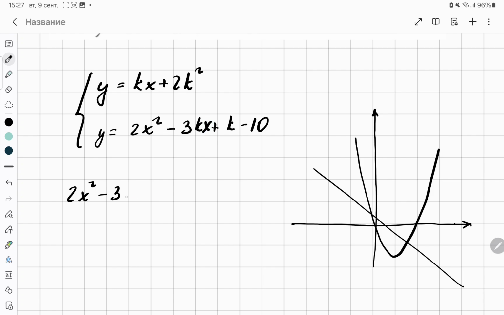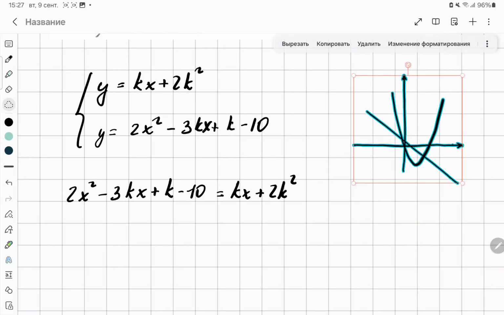Let's equate the second equation with the first one. This is x squared, 3kx plus k minus 10 equals kx plus 2k squared. Okay, now let's make it small and put it somewhere here.